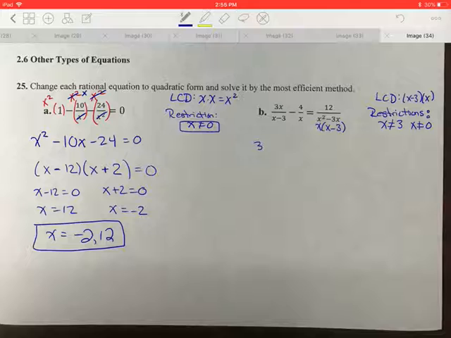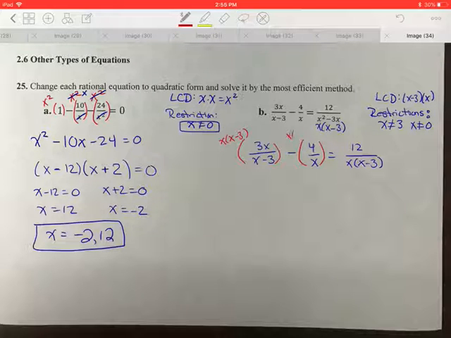All right, so now I'm ready to clear my fractions. I'm going to rewrite this since I kind of wrote all over it. I'm going to do the factored version. Each fraction gets multiplied by the LCD, which is an x and an x minus 3.